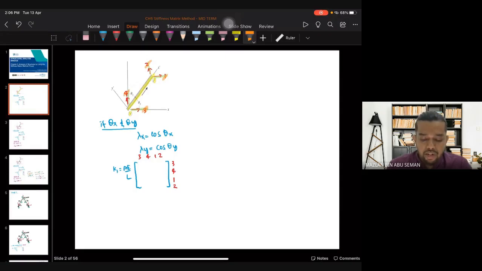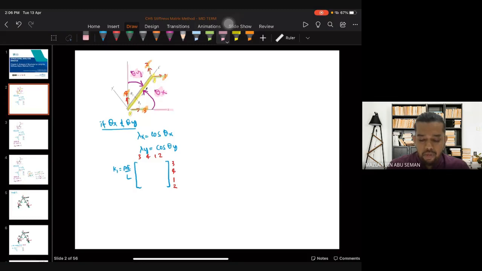If you realize in your notes, for this one we have theta Y, and this one is theta X. Please be careful: this theta X is from the positive X axis, and this one is from the positive Y axis. So you know what is theta Y and what is theta X.